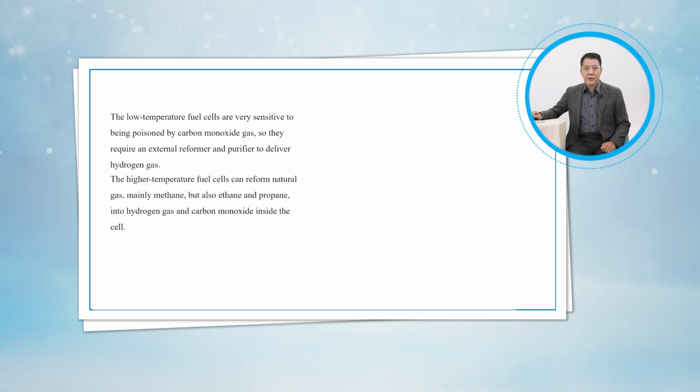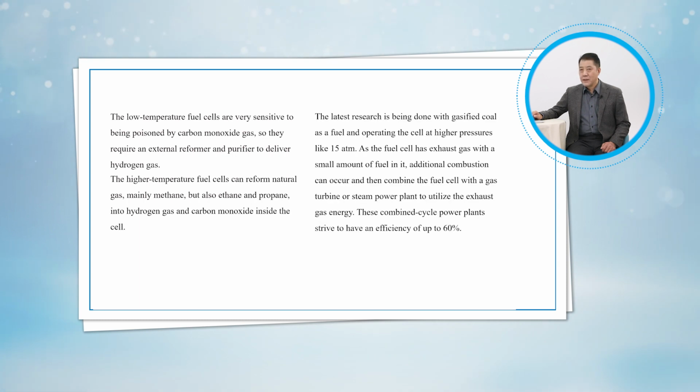The high-temperature fuel cells can reform natural gas, mainly methane, but also ethane and propane, into hydrogen gas and carbon monoxide inside the cell. The latest research is being done with gasified coal as a fuel and operating the cell at high pressures like 15 atm. And the fuel cell has exhaust gas with a small amount of fuel in it.